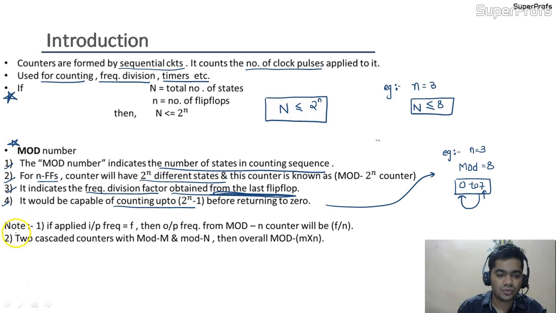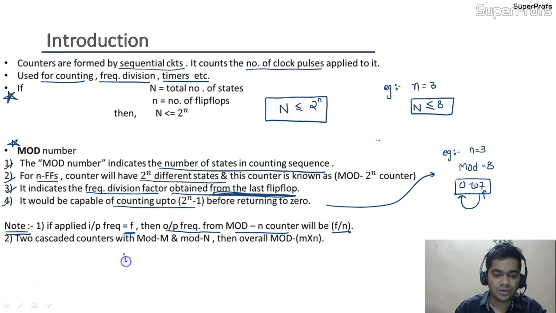So there are 2 note points available with us. If the applied input frequency given to a flip-flop is f, then the output frequency from a mod n counter will be f by n.